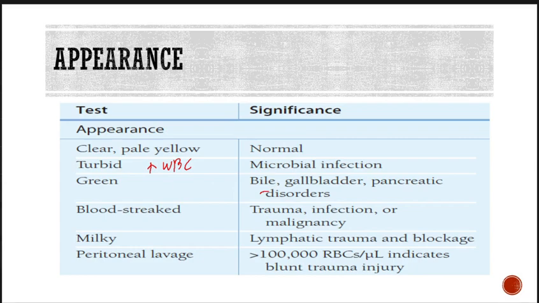Blood streak kapag may trauma, infection, or malignancy. Milky if there is lymphatic trauma and blockage. Okay, so milky, increase cholesterol and triglyceride ulit. So since there is a blockage with the lymphatic vessels. Okay, so peritoneal lavage. Ayan. So greater than 100,000 RBCs per uL indicates blunt trauma injuries.